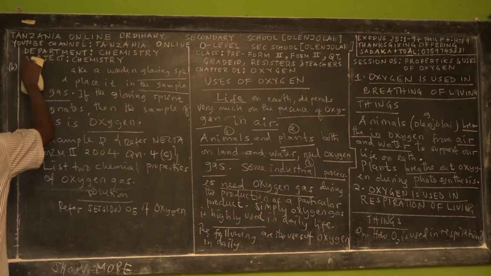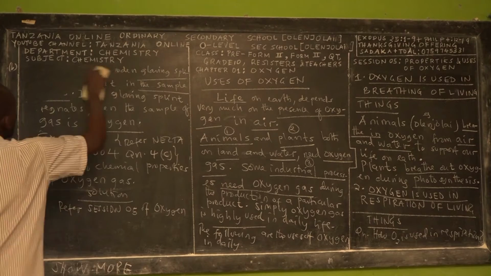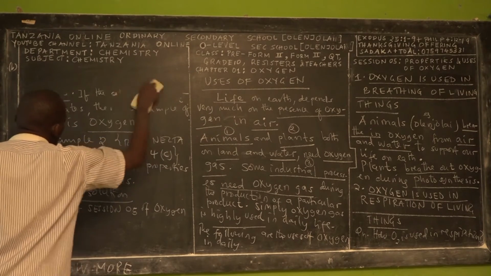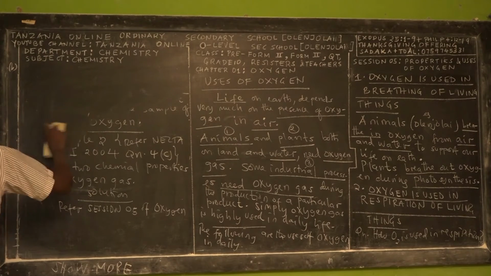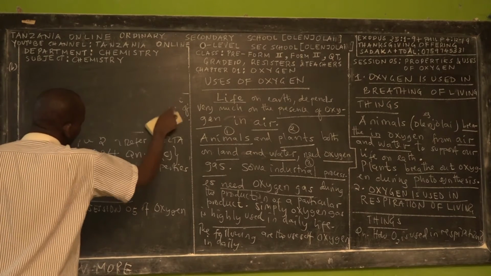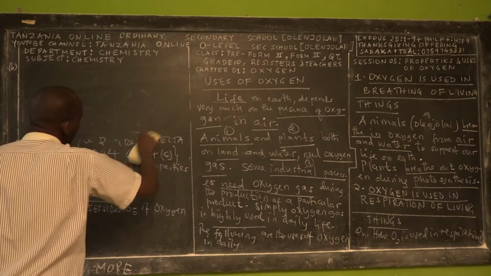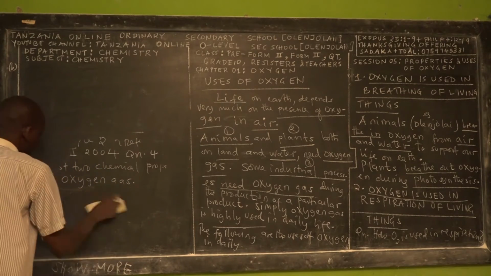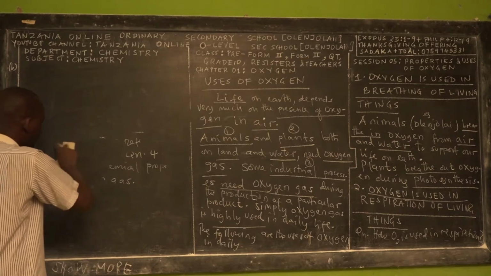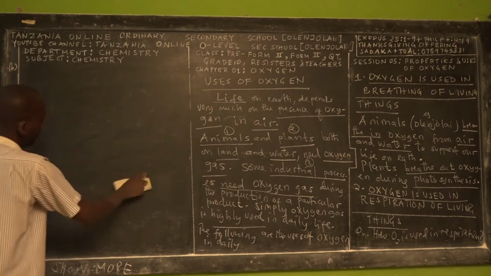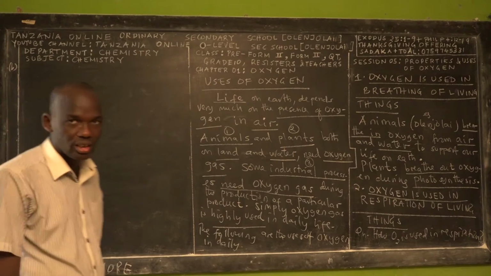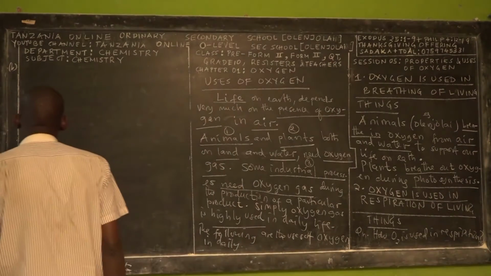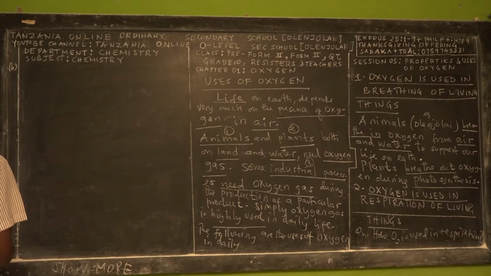So oxygen is used in respiration to oxidize food, the food that we have been taking in, in the morning, afternoon, evening or at night. Animals also eat food, and plants make food for themselves. So that's how oxygen is used.